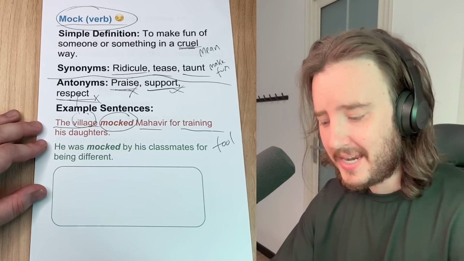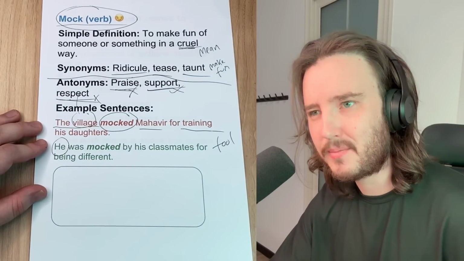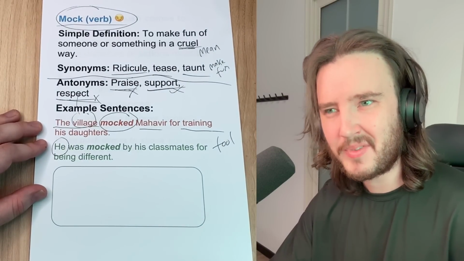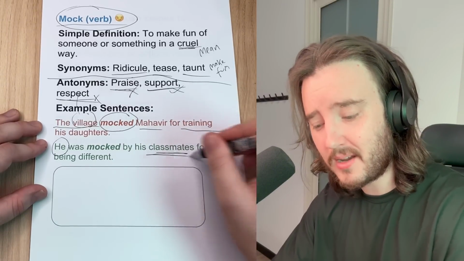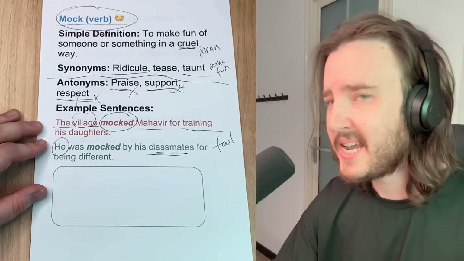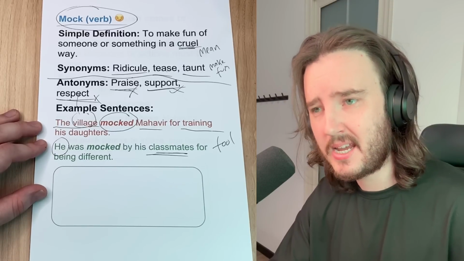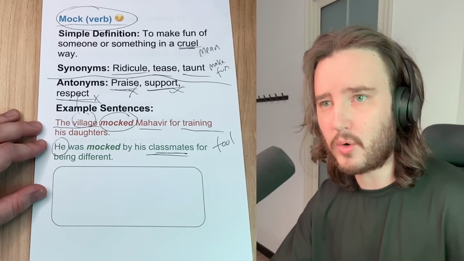Okay, maybe this boy we're talking about, he's different in a way that his classmates can't accept, or they are unwilling to accept. Maybe his classmates are being a bit close-minded. It's possible the boy has a learning disability. He has some kind of physical deformity or something like this.